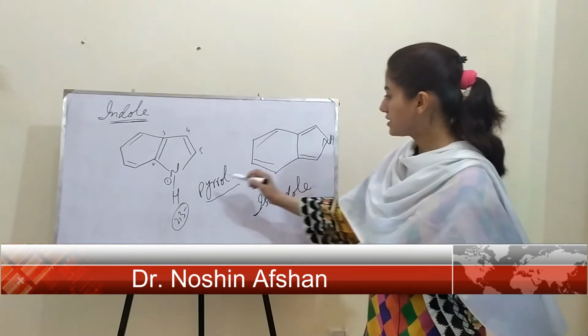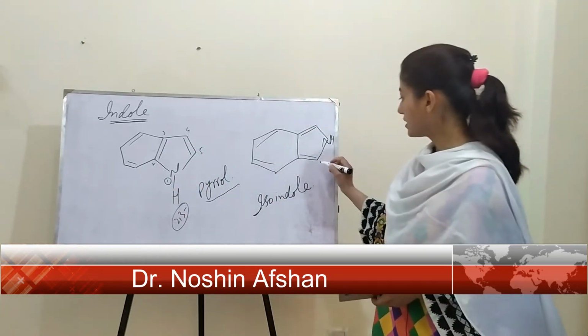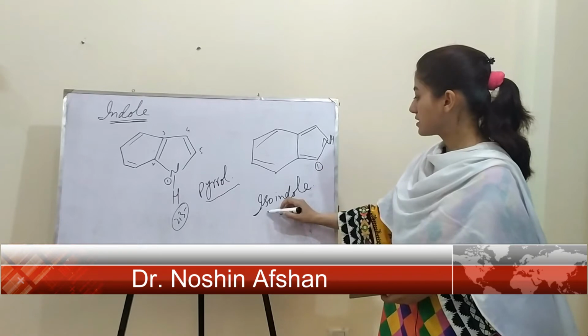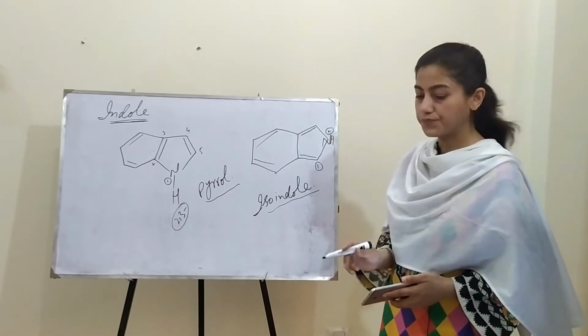The only difference is here, in the case of indole, nitrogen is at position number 1, but in the case of isoindole, the nitrogen is at position number 2.